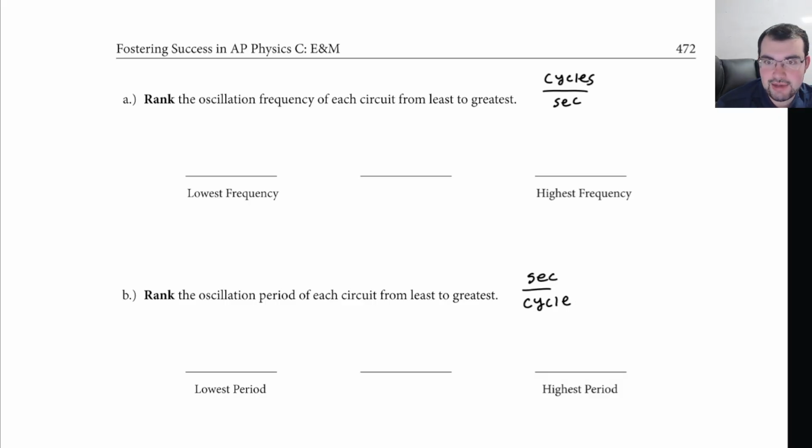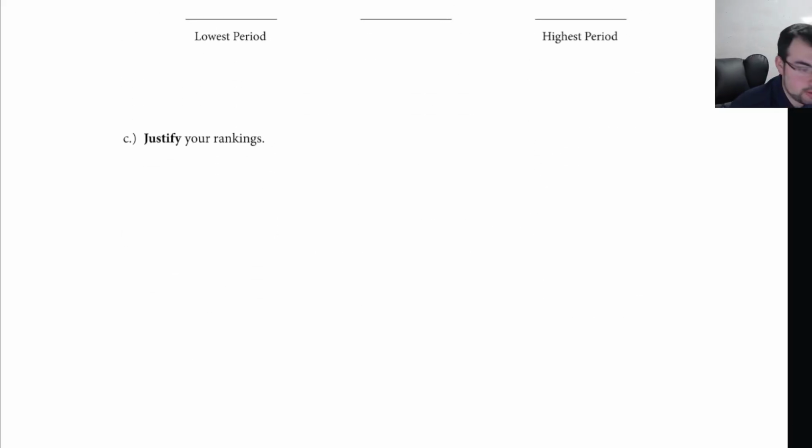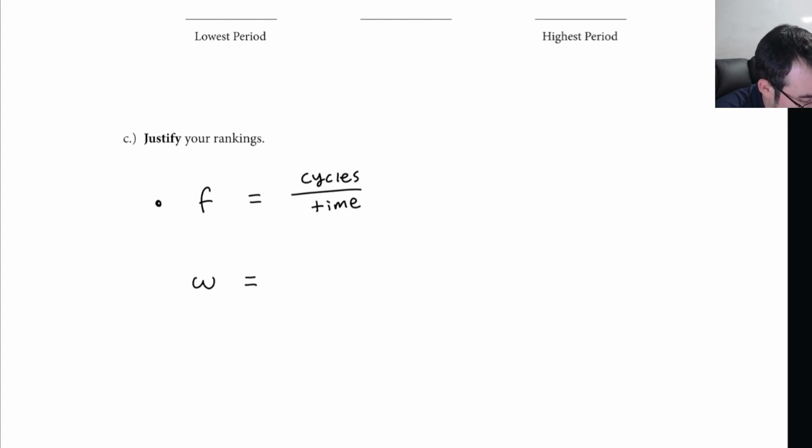So we can actually kind of see the little thing that's going to happen with these rankings. So first of all, we know that the frequency, lowercase f, is the cycles per time. And we also know that omega is defined as 2 pi times f.